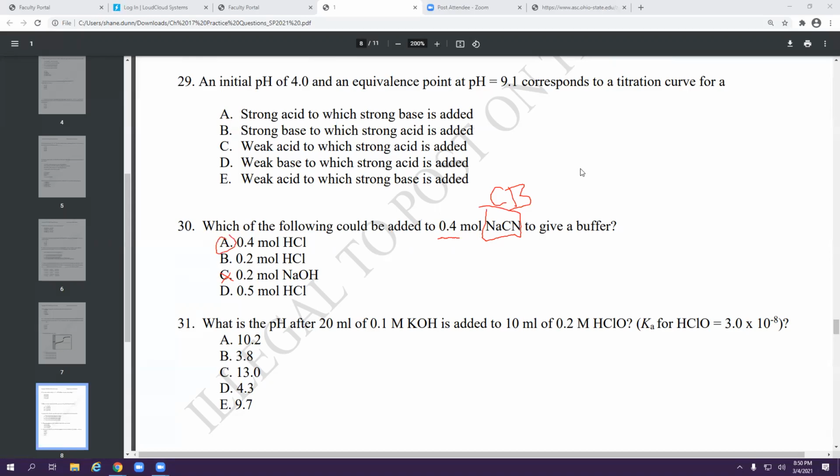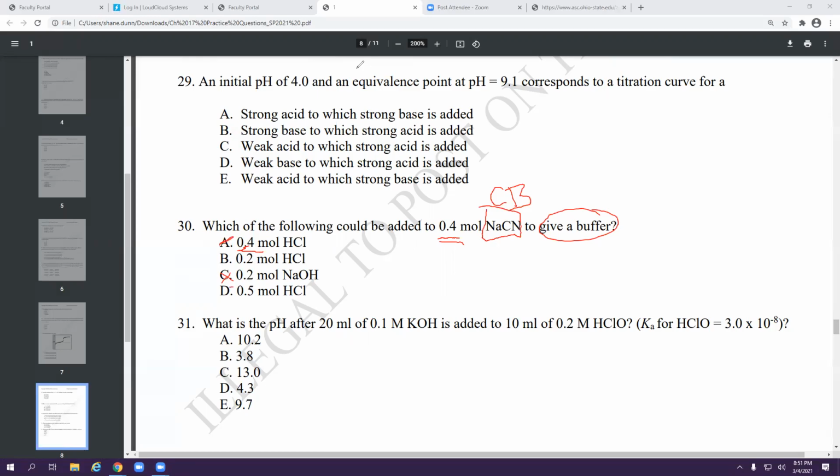So if I add exactly 0.4 moles of HCl to it, is that gonna break my conjugate base? If I add this number to that number, do they cancel each other out perfectly? Does that break my buffer? Yeah, there's no more conjugate base left over, right? Buffer no work. I want to have a buffer.